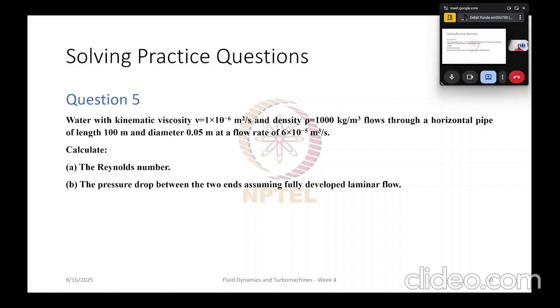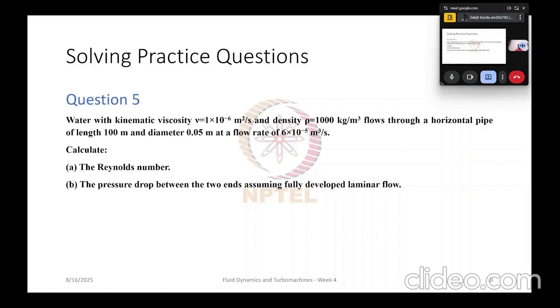That's question number 5, which is asking us that water with a kinematic viscosity of 1 multiplied by 10 power minus 6 meters square per second, and density 1000 kg per meter cube, flows through a horizontal pipe of length 100 meter and diameter 0.05 meter at a flow rate of 6 into 10 power 5 meter cube per second.